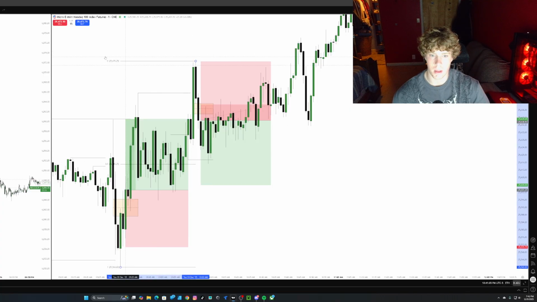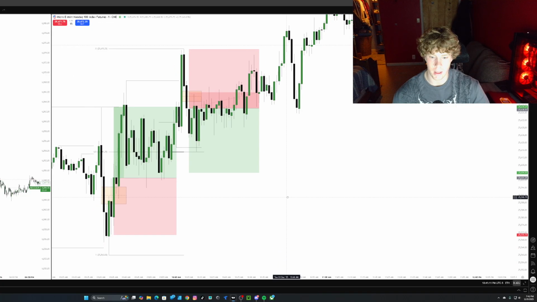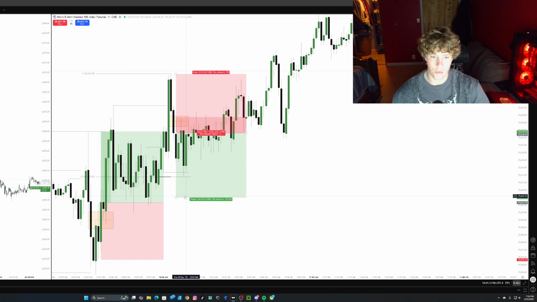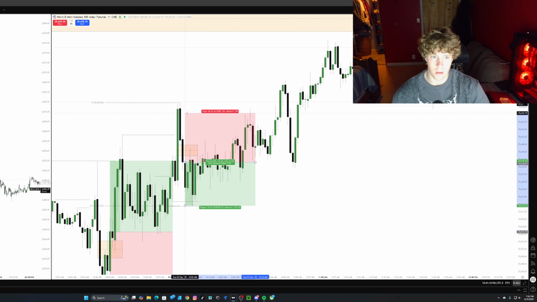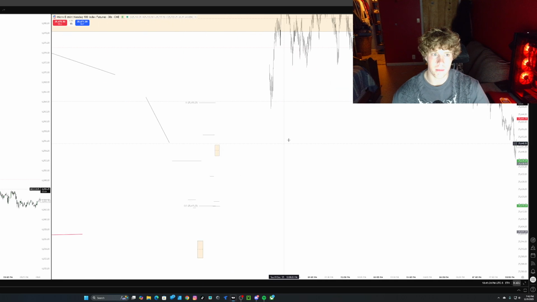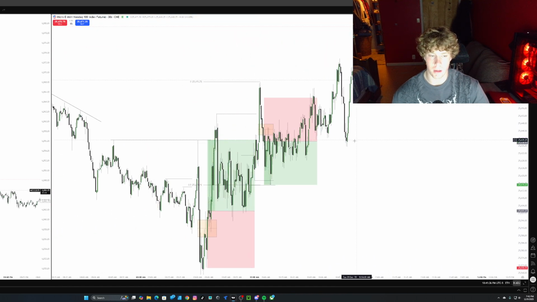It's so hard to see, but it's literally right here. It's this little line. That would have been 0.5, and as you can see, we actually just barely went there, and so that would have been 1-to-1. You would have had to have your stop right there, which isn't the best, but you know, better than nothing. That's the only other trade I would have taken today.